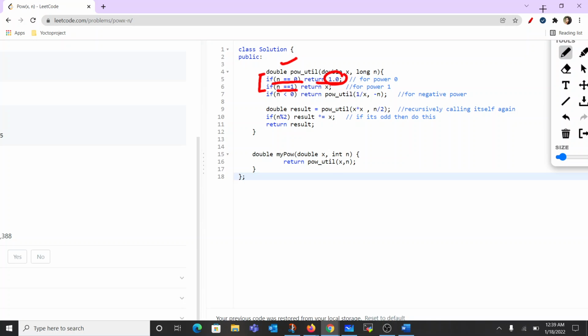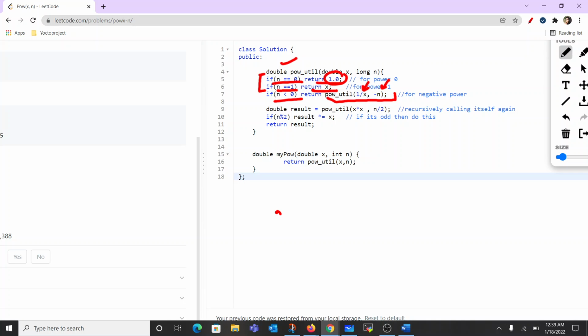And then n equal to 1, then we are required to return just x. But when n is less than 0, that is our negative case, then we would be passing these parameters in it, that is the negative of n and 1 by x.